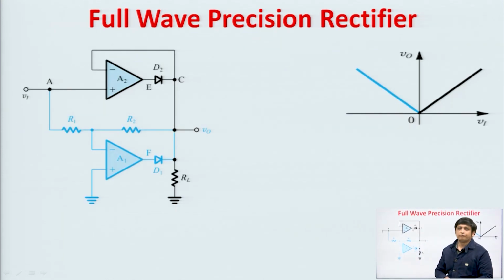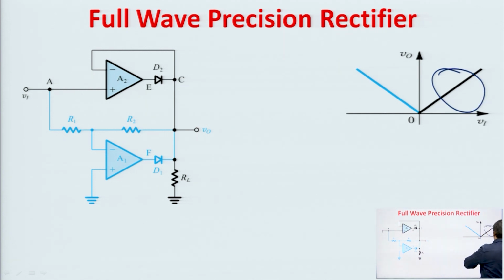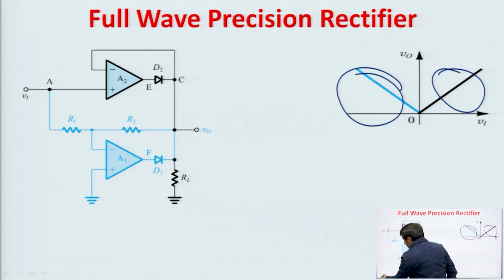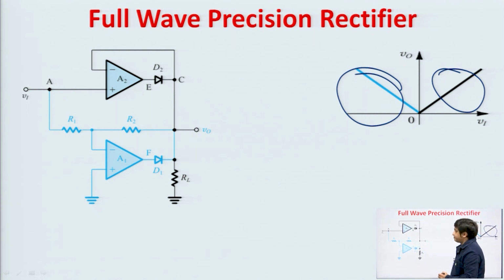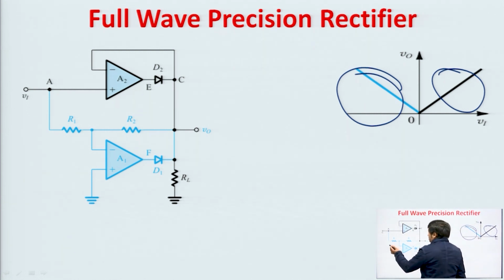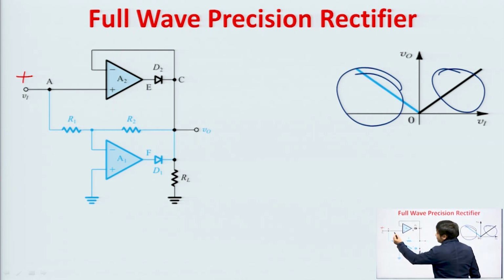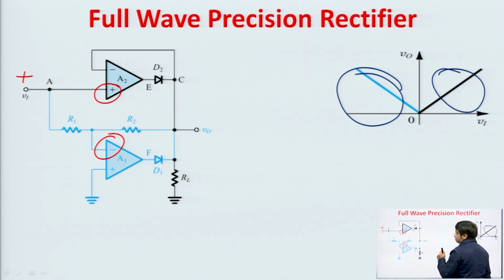Now, coming to the full wave precision rectifier. In full wave precision rectifier, we get the output voltage for the positive value of the input voltage and for the negative value of the input voltage. That is why it is called full wave precision rectifier. Now, we can understand the working of this circuit again by considering the two cases. When Vi is positive, then you can see that this Vi input signal is applied at the non inverting terminal of the A2 and the inverting terminal of A1 op amp.